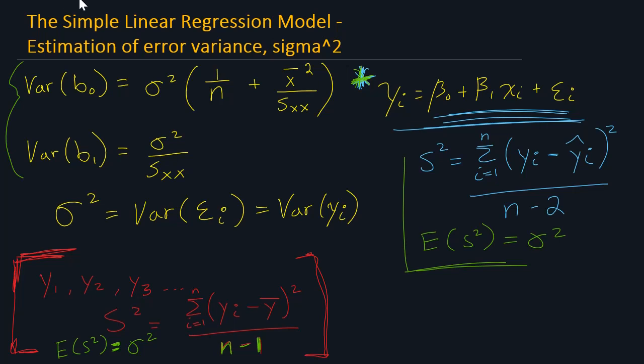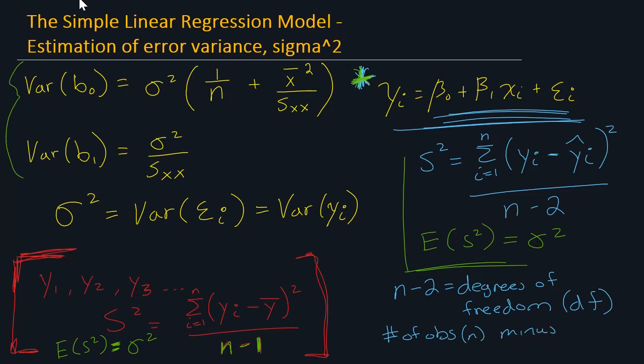This n minus 2 is often referred to as the degrees of freedom, or DF. In general, the degrees of freedom is the number of observations, which is n, minus the number of parameters estimated.